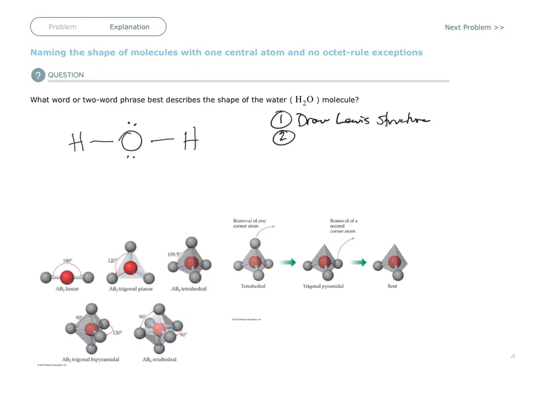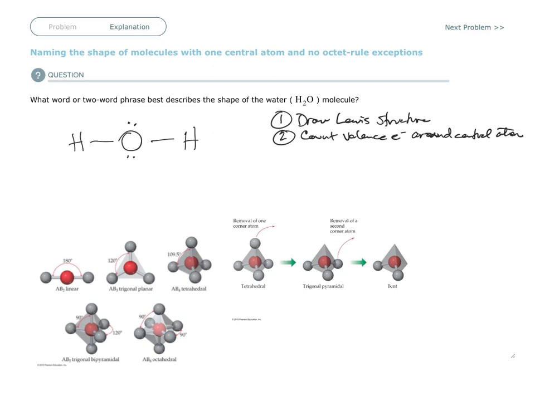Number 2, count the valence electron groups around the central atom. All right, so far we want to say how many. We've got 1, 2, 3, 4.